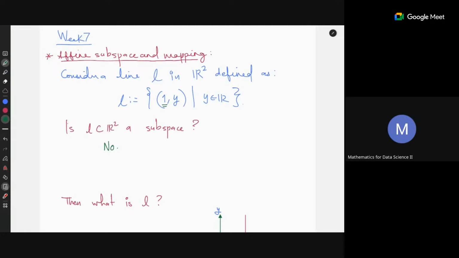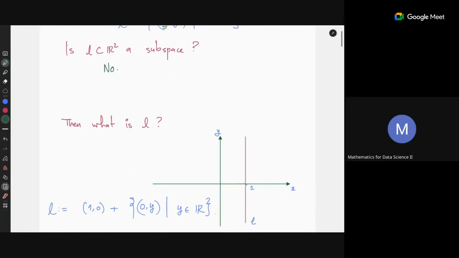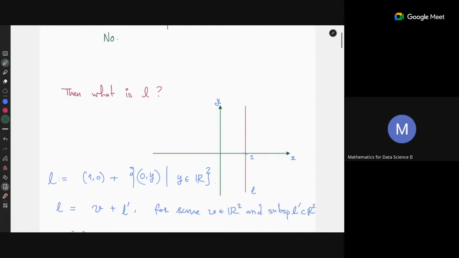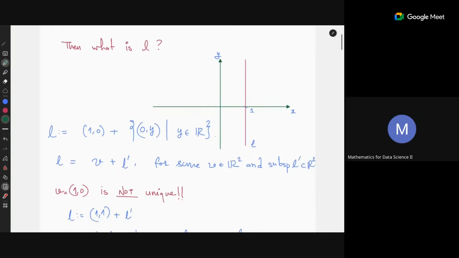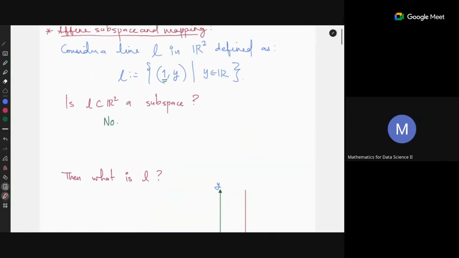So what is this space? We can rewrite the equation as this.